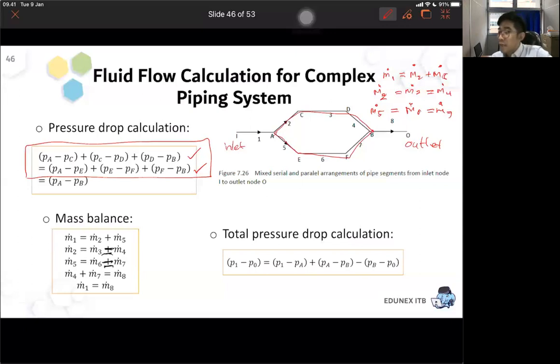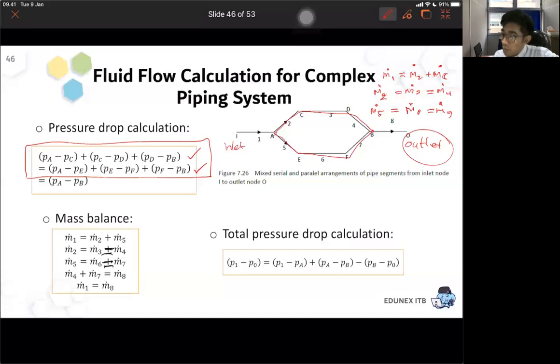Why? What will happen if the pressure drop is different? Backflow, sir? Backflow, correct. So the fluid will not be flowing to the outlet. Okay.